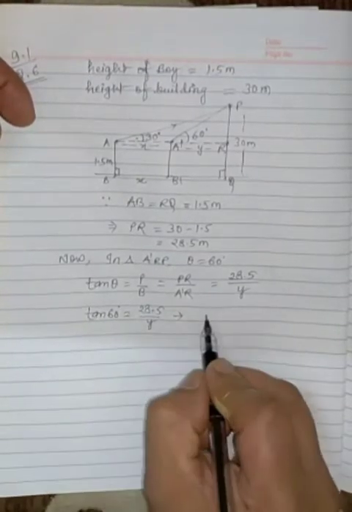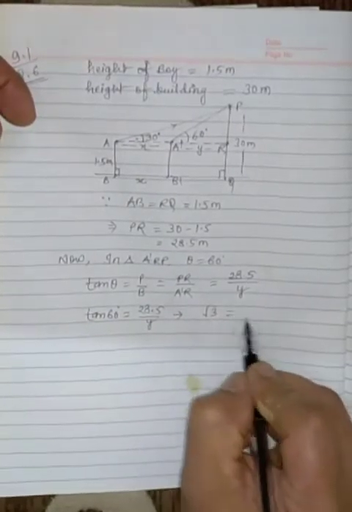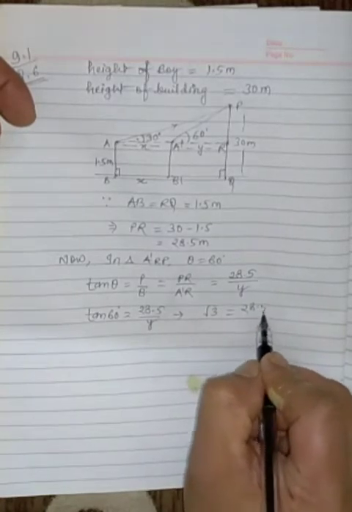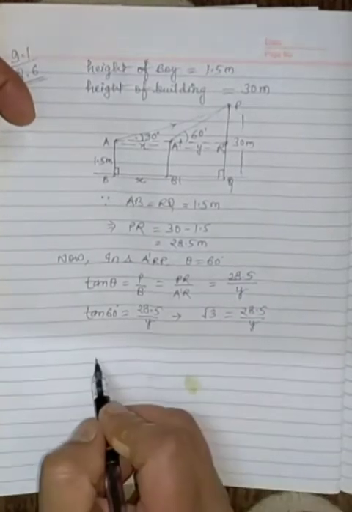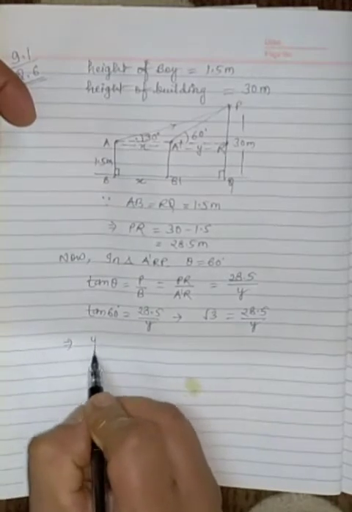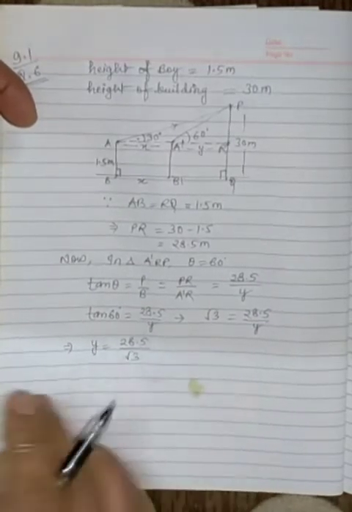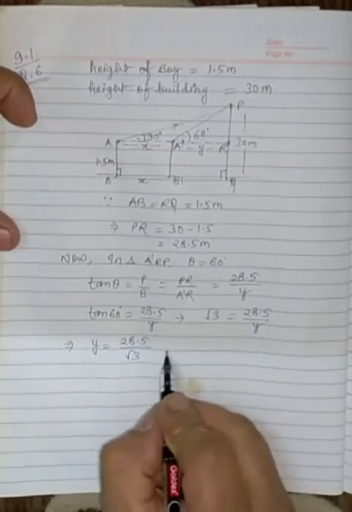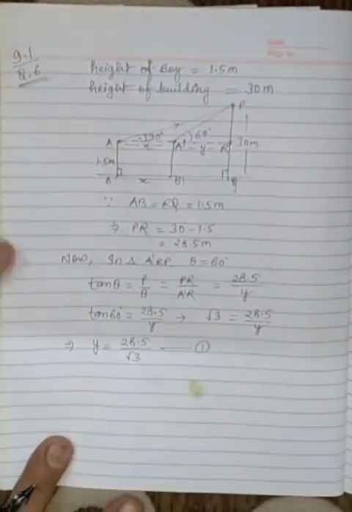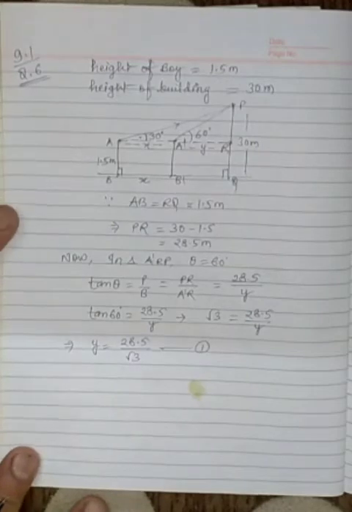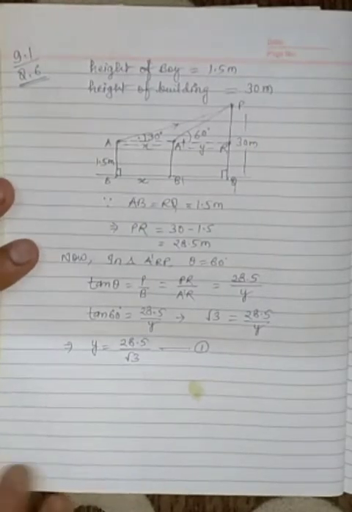Tan 60 is root 3, so root 3 is equal to 28.5 upon y. So from here we get y is equal to 28.5 upon root 3. Let this be equation number 1. We will not rationalize it here as this is not the final step.